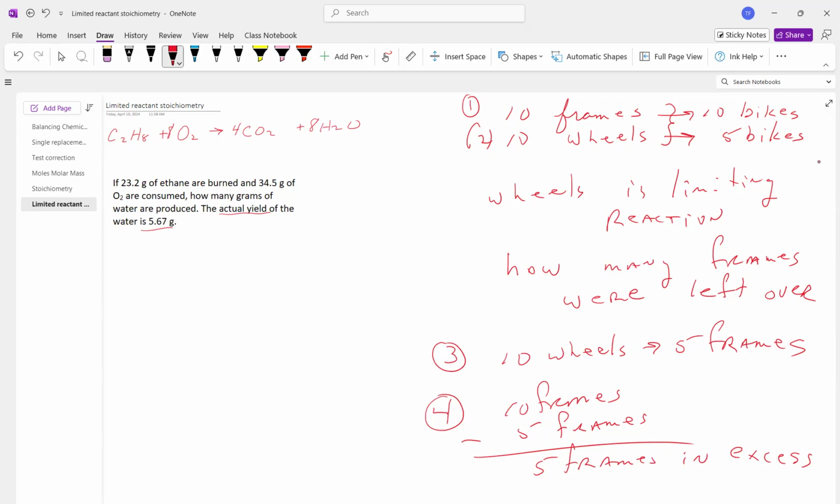Then calculation 4 determines how much is left over, the excess. Every single limiting reactant problem has 4 calculations, no exceptions. And we're not talking about bicycles now, we're talking about chemistry.